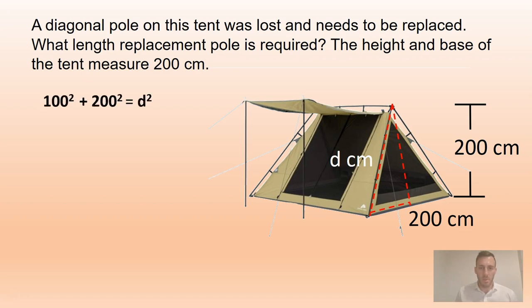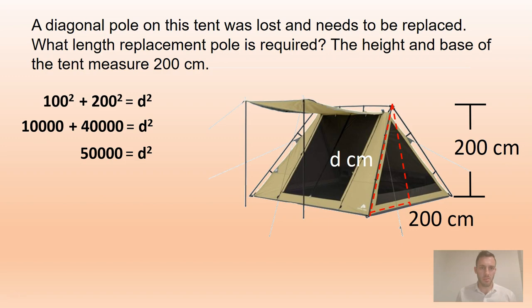As you can see, the base of the triangle was 200 because we're only looking at half of the base. We need to halve it to 100 centimeters. So we get 100 centimeters squared plus 200 centimeters squared equals d squared, which is the diagonal. And therefore, 10,000 plus 40,000 equals d squared.